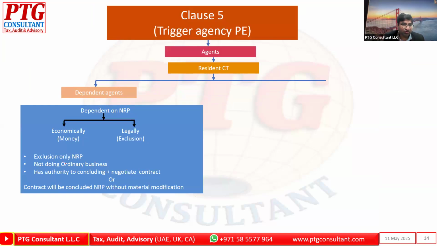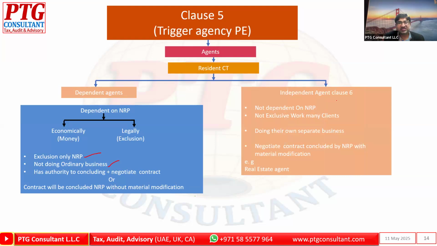We already understand: he works exclusively for the non-resident person, not doing ordinary business, not working with other clients in the market, has authority to conclude or negotiate contracts, or the contract will be concluded by the non-resident person without material modification. How? Because he works only for the non-resident person, he is doing only this business and he is finalizing the contract. Or he is not finalizing, but the non-resident person is just signing without any big change. This is the dependent agent.